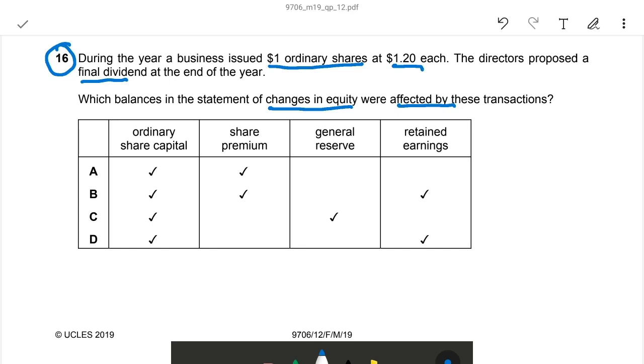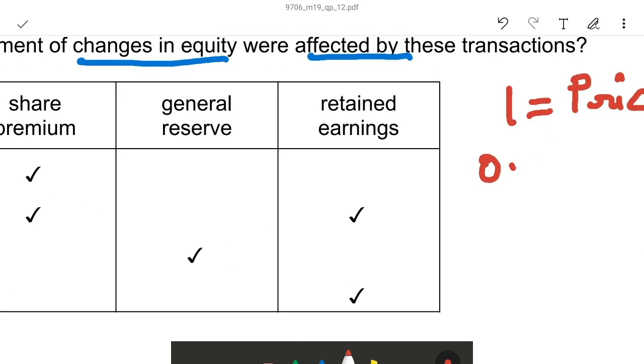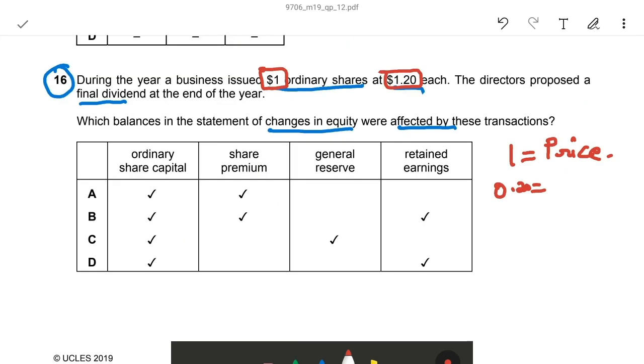Actual price of the share is $1, but they are issuing at an increased price of 1.20. So 1 is the nominal value of the share, while 0.20 is the premium. Companies issue shares at an increased price.